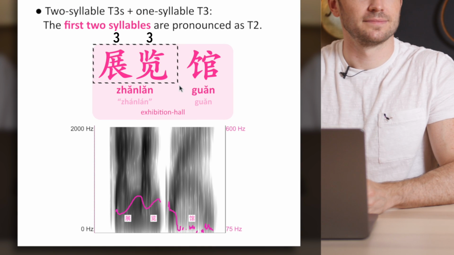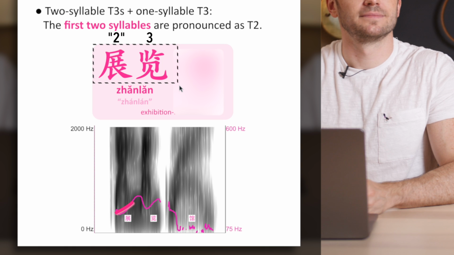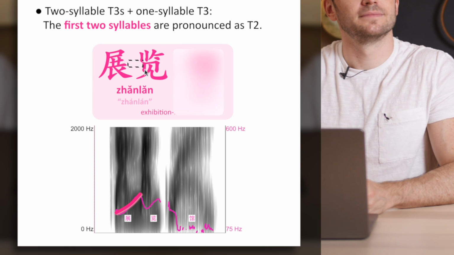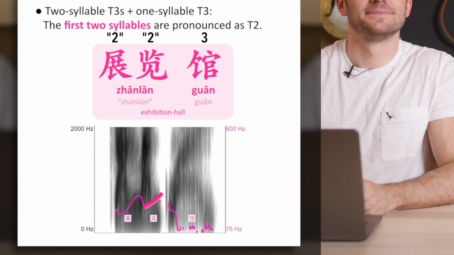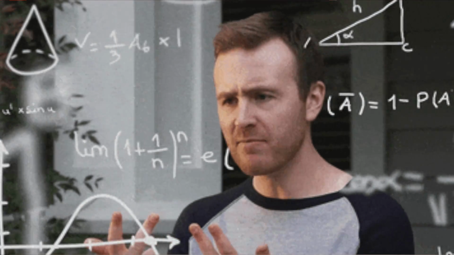So the first syllable 展 will become a rising tone, which is a second tone. And then when you put 馆 at the end, then 览 is still a third tone, right? So 览 will become a second tone as well. So the tone would be 2, 2, 3, exactly. It will be 展览馆. Okay, so yeah. 展览馆. That's right.